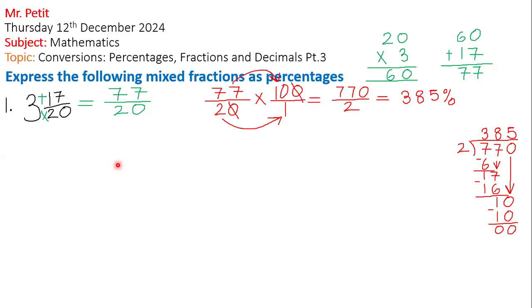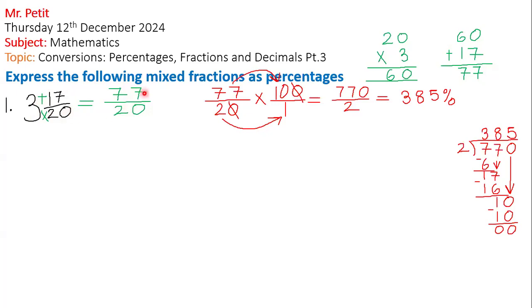All right, so what we did, we took 3 and 17 over 20 and we converted it into a mixed number. How did we do that? Well, first we say 3 times 20, which gives us 60. We add 17 and that gives us 77. 77 over 20. So we keep the denominator.